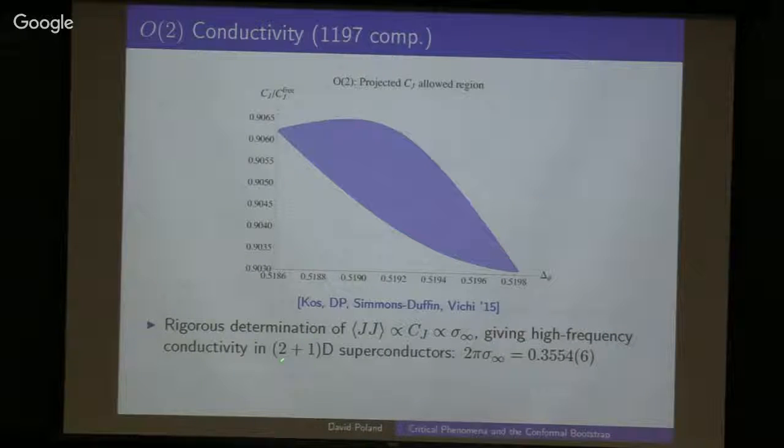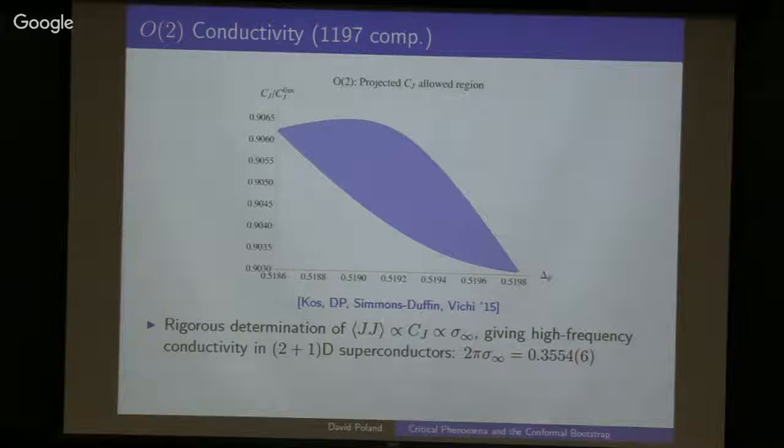In particular, 2+1 dimensional superconductors have a quantum critical point. If you look at the conductivity of the superconductor in the vicinity of the quantum critical point, this is related to the current 2-point function. The Fourier transform gives a function of frequency, and the high frequency behavior of that function is directly related to this coefficient.